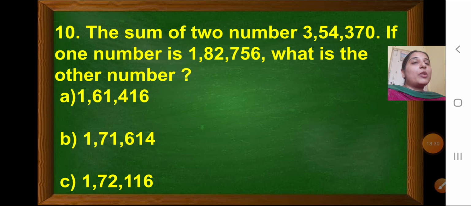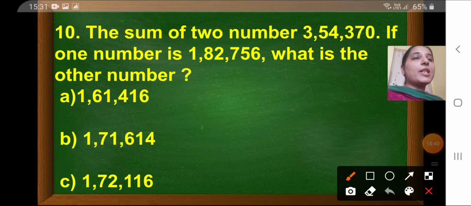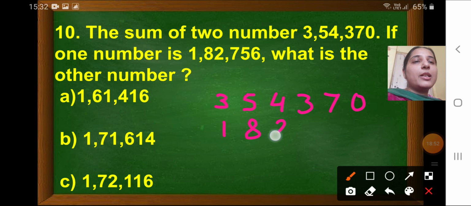So children, what we will do in this question? How we will solve? Yes, we will subtract. So let's subtract to get the answer. So first let's write this number 3,54,370, and just below that we will write 1,82,756.